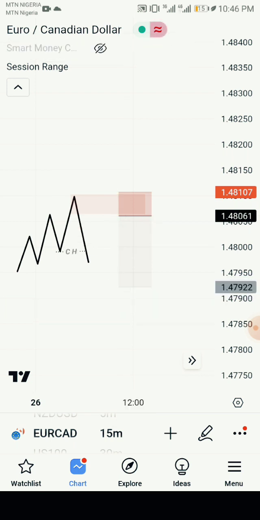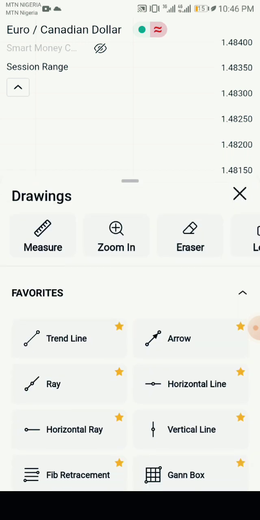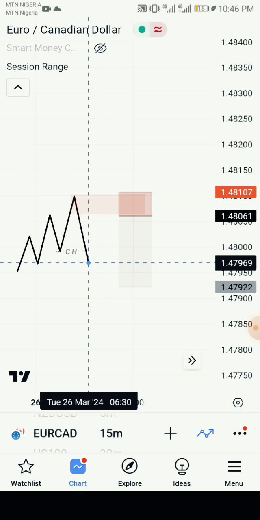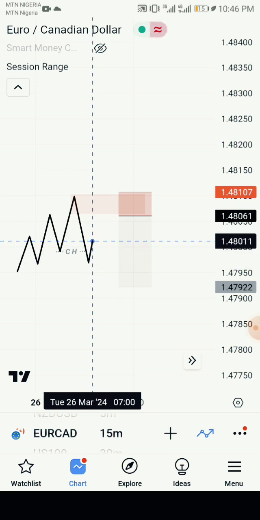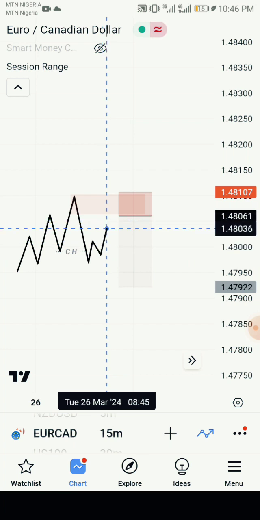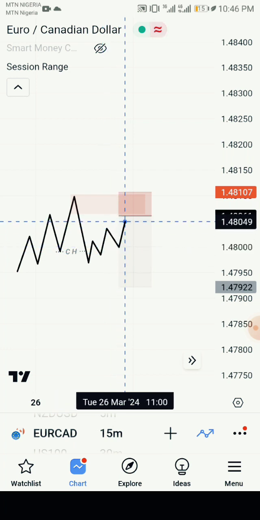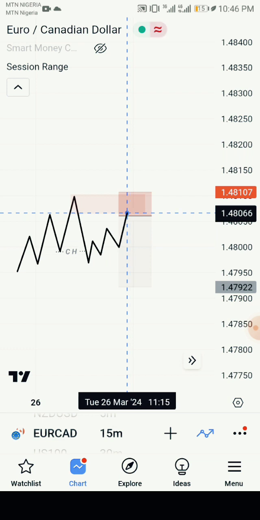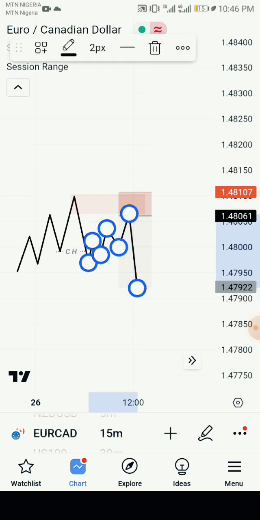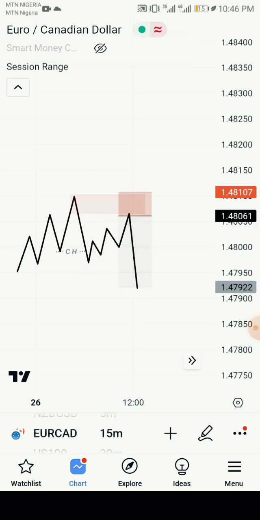Because we are actually waiting for price to give a pullback into this level here, tap and drop. Now this is a beautiful setup, but personally for me, I won't take this setup because there are certain things I will look out for and I'm not seeing them, right?